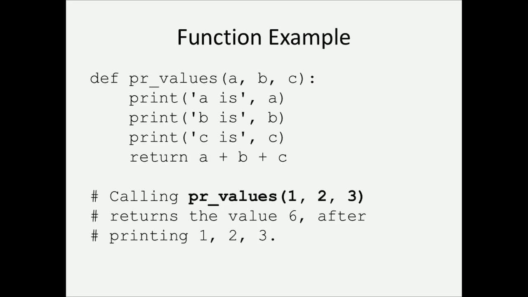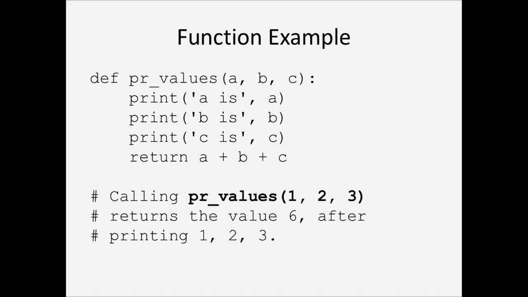So here's an example. How did I create this originally when I was in the IDLE environment? I typed in def, I had the name of the function, which is pr, meaning print values. I have 3 arguments, and by the way, they don't have types. You never declare types of data in Python. And then I have my colon, very important. Now, notice how everything lines up.